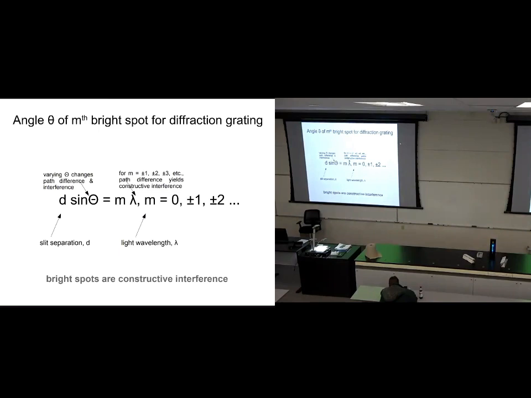This is the equation that describes the locations of those beautiful, intense, bright spots for a diffraction grating. So it's this simple equation here. The symbols in this equation are the symbols that we've met when we've talked about two-slit interference and single-slit interference.